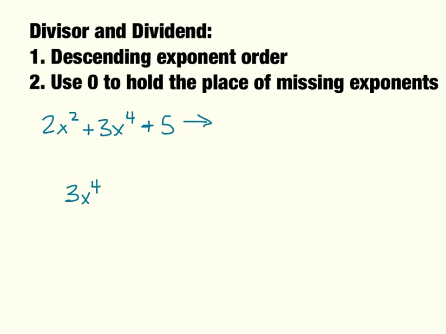I have 0 x cubes. Then the next thing is x squared, which I have 2 of. And then 0x, I have 0 x's, and a 5. So you have to make sure that you do this for the divisor and for the dividend.